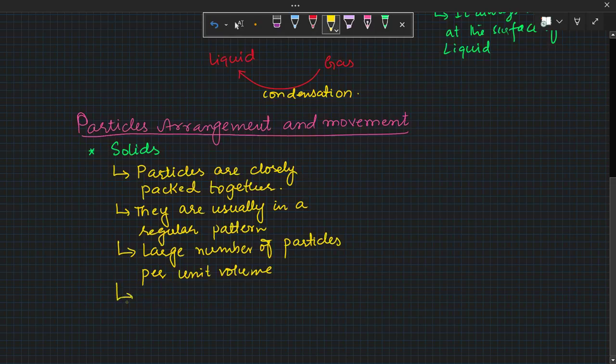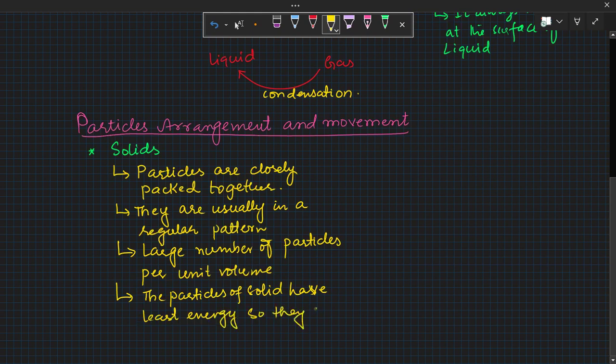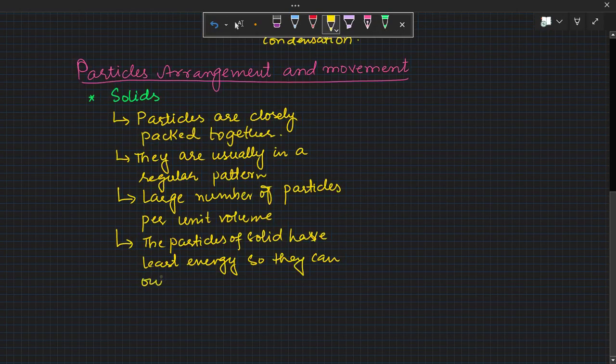And the particles of solid have least energy, so they can only vibrate.